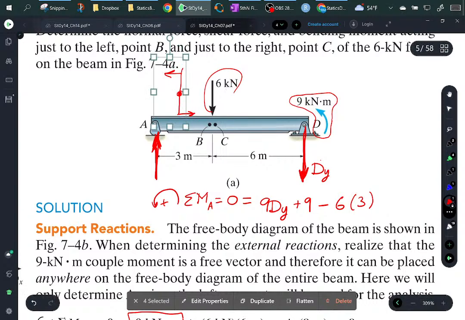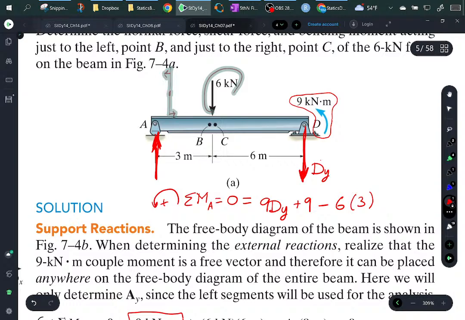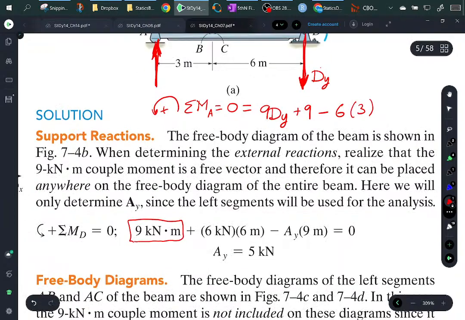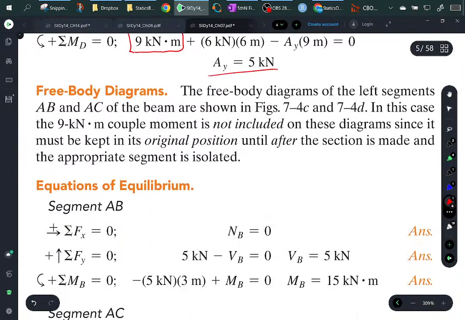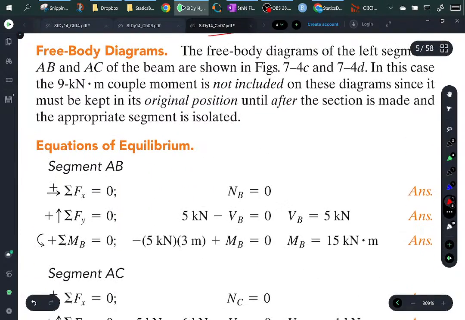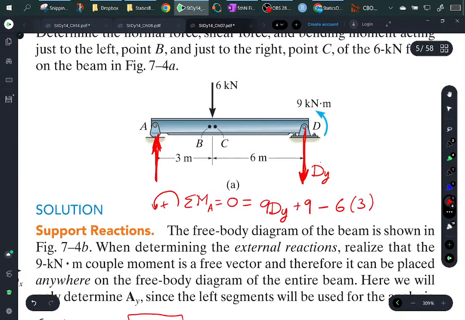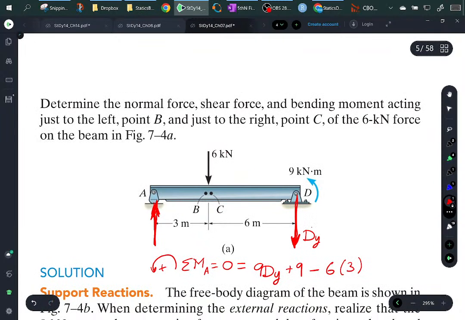Okay, hang on. I don't know what I'm looking at. So this 9 can be put anywhere. So you get Ay. Then he goes through and does, okay, well, that's good. So what he's doing here is this.